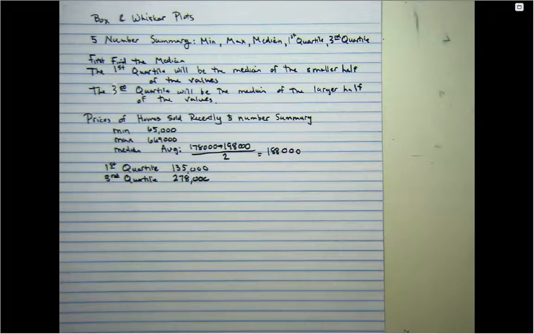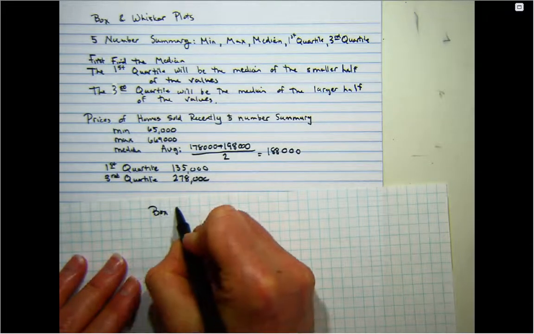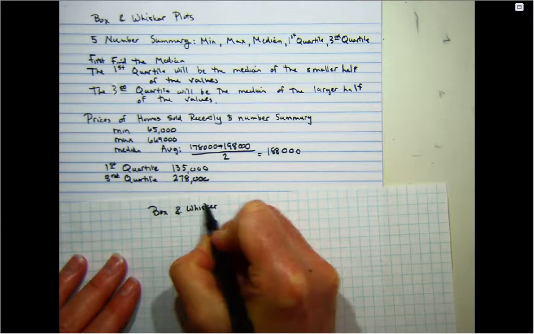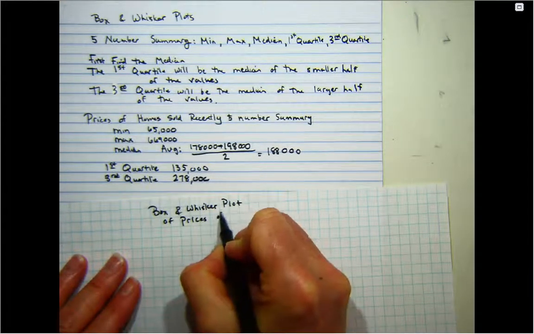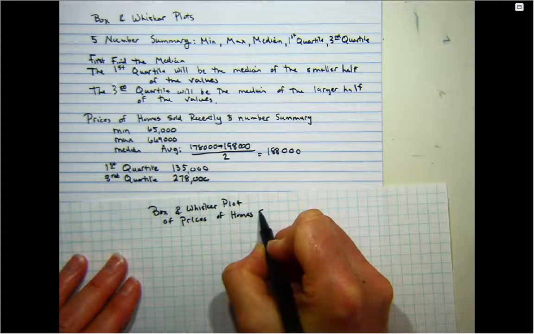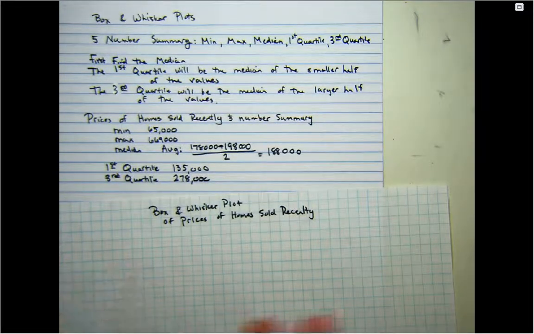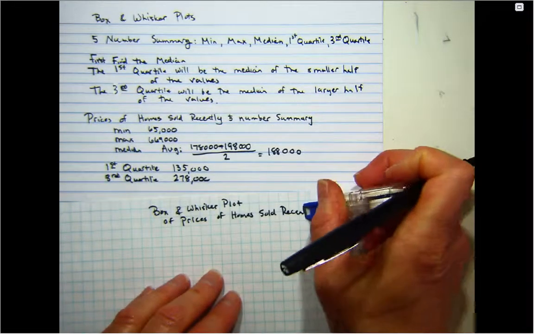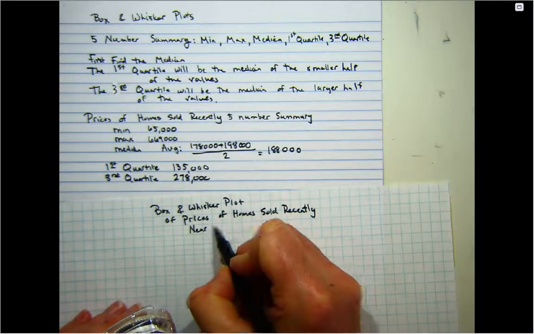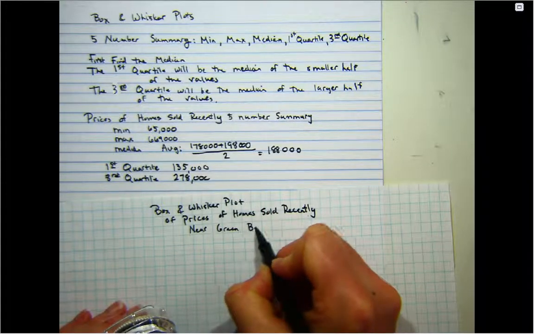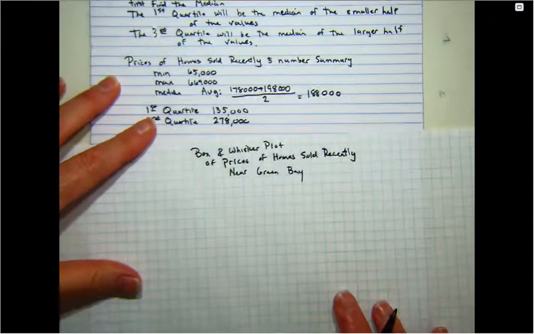Then it's time to put that on a piece of graph paper. Another graph: a box and whisker plot. So you need a title, and then on the bottom you'll need a scale.